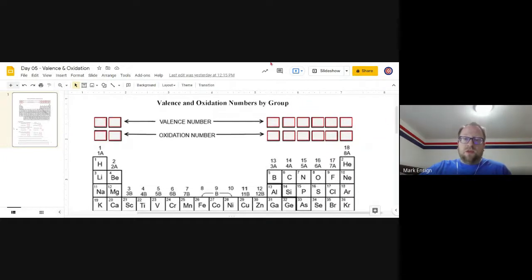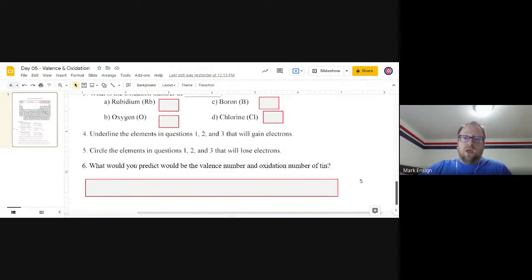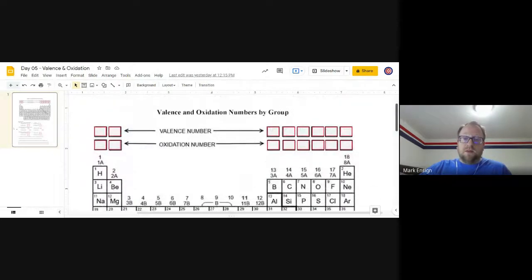From your Canvas page, you should be able to open up that assignment. It's a Google Slides. Everything that you need to do is outlined in red. As you scroll down, all of these boxes that are outlined in red, that is what you need to do for this assignment.